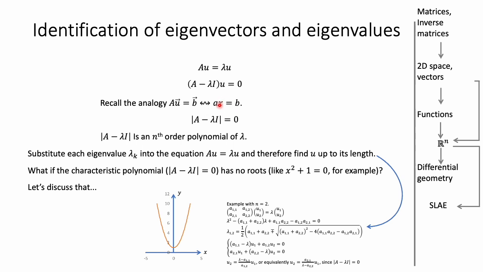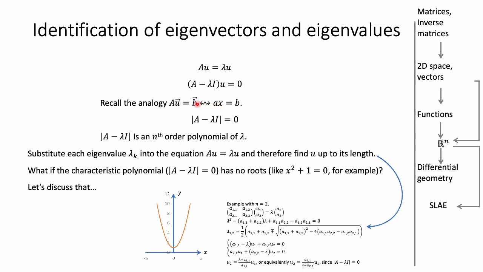Assume x here is non-zero, but we know that b is 0. The only way to ensure that a times x equals 0 is to demand that a itself is equal to 0, since x is not 0.